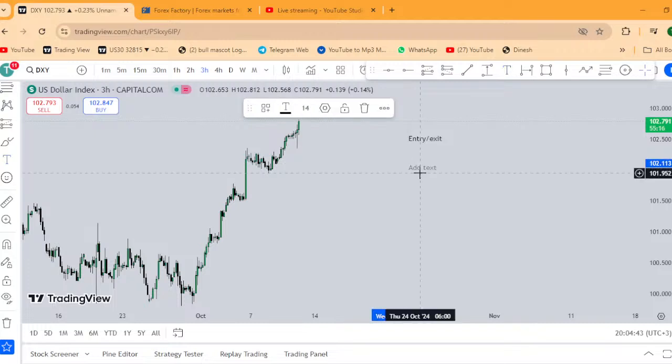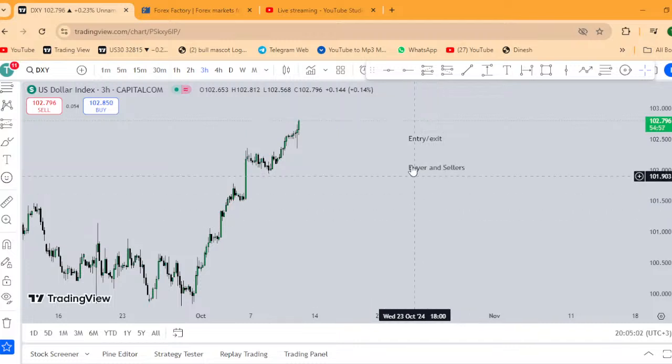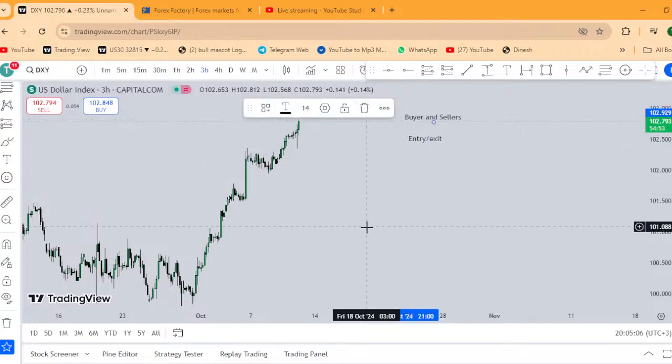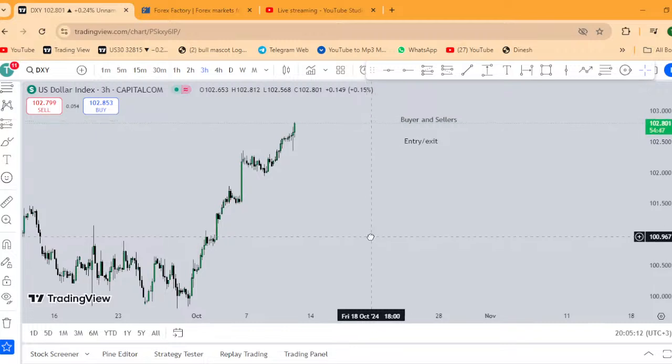Then, because this market is being moved by buyers and sellers, knowing the position of buyers and sellers will help you know when to enter and when to exit.